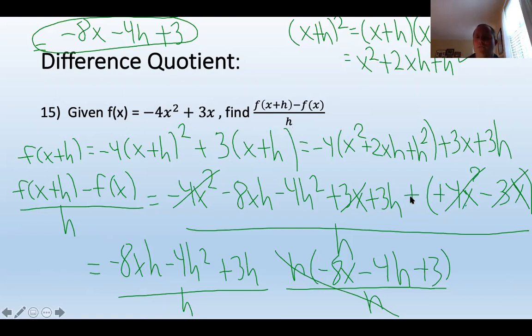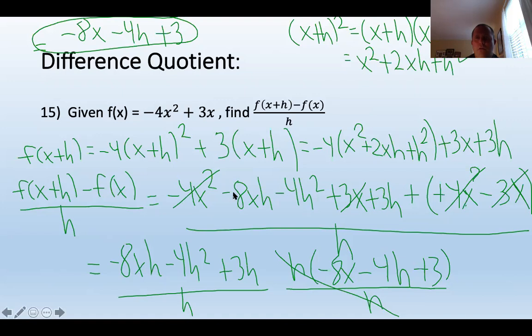I switched my negative to a positive and switched both of the signs for f of x. So -4x squared becomes 4x squared, and 3x becomes -3x. And so this is all over h.